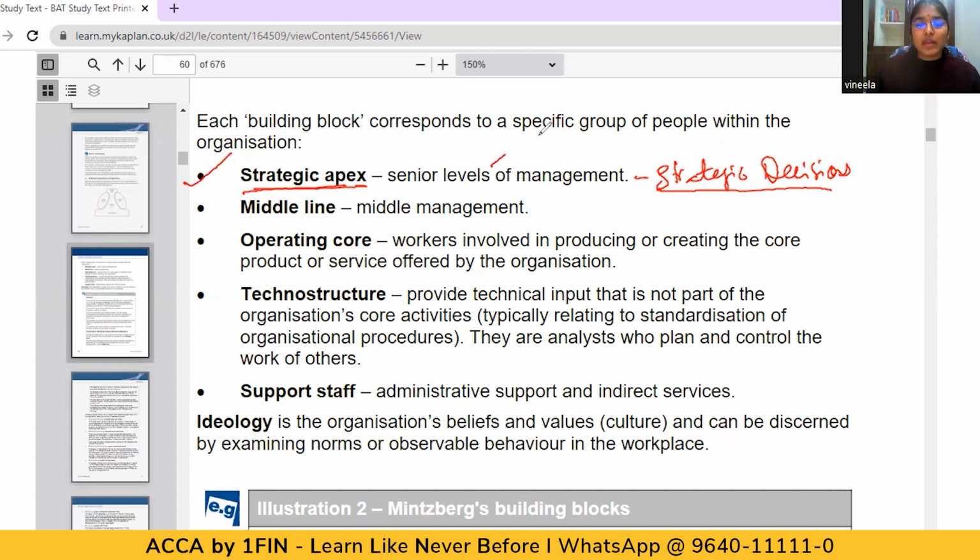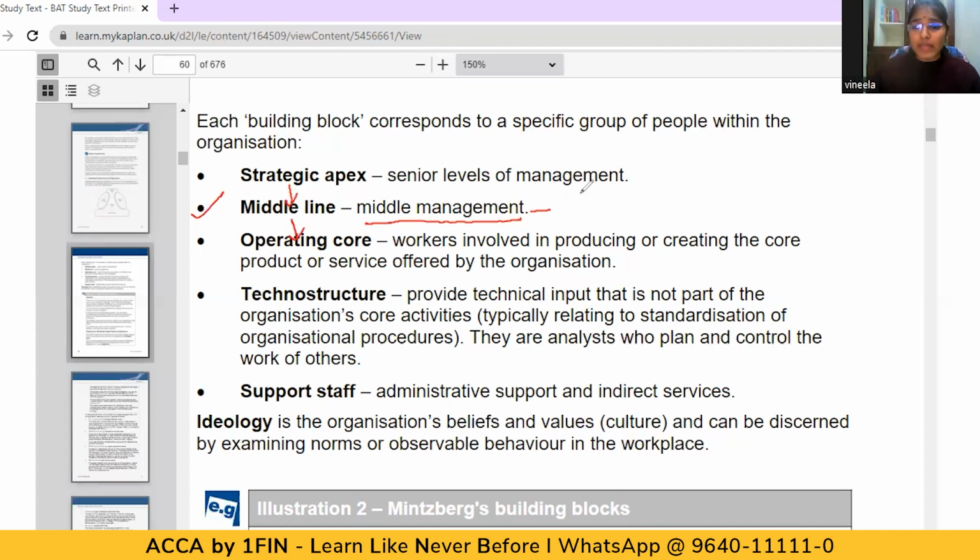The people who will be here are senior levels of management, board of directors, or someone like the CEO, CFO, COO of the organization. Moving into the next level, the second block is the middle line. Here you will have middle management who will act as mediators between strategic apex and operating core.